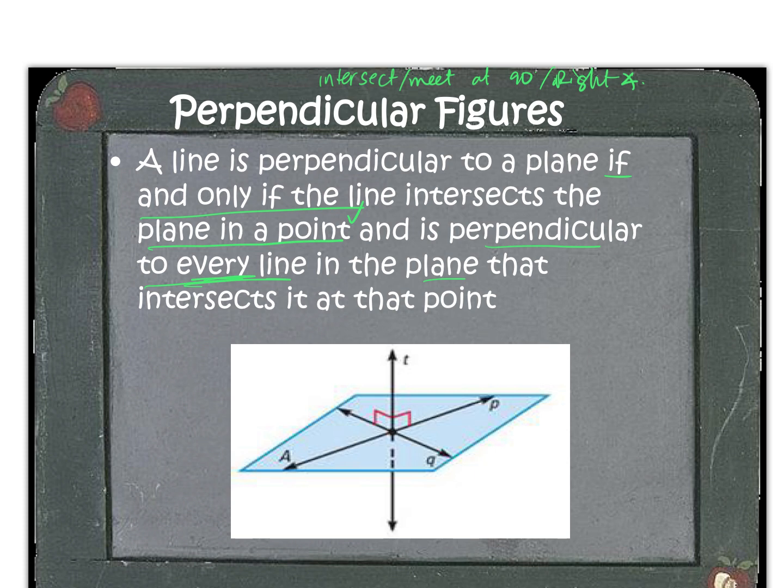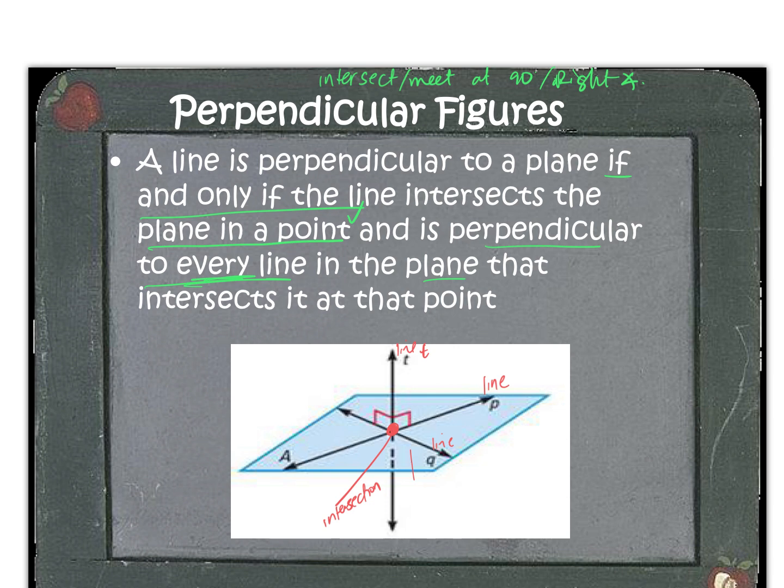What this image is telling us here is we have line P, and we have line Q, and we have line T. And these three lines all meet here at this common intersection point. And so, again, a line is perpendicular to the plane. This line T is perpendicular to plane A if and only if it intersects the plane in a point, which it does, and is perpendicular to every line in the plane that intersects at that point.